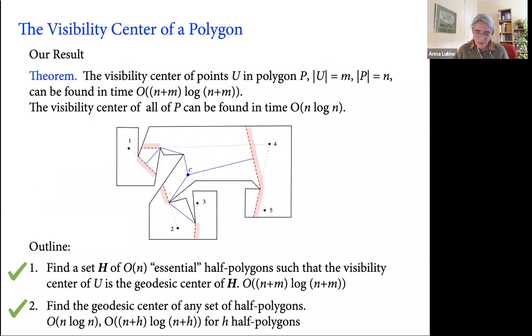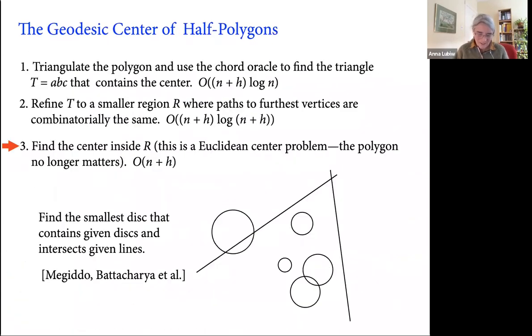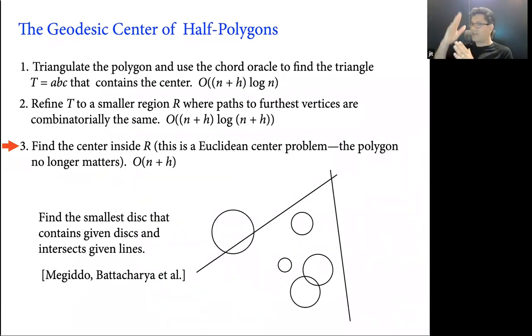That's a good point. I would have to think through all these steps. Because most of them, it always felt like you were just shooting a ray through a reflex vertex. So somehow it seemed like it might be sensitive more to the number of reflex vertices as opposed to the number of vertices in the polygon.